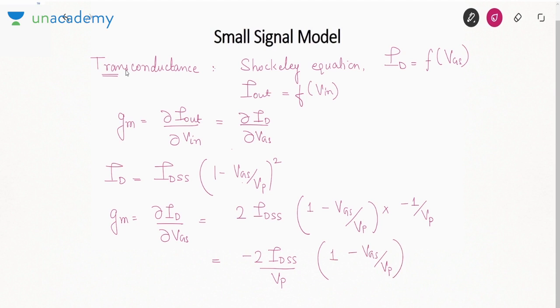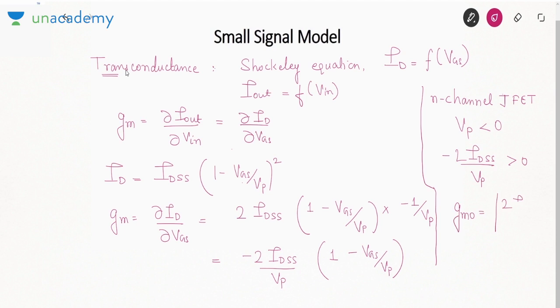Now we know for N-channel JFET, the pinch-off voltage is negative, so this term minus 2 IDSS by VP will be greater than 0. Now this value is called GM0, which is mod 2 IDSS by VP.